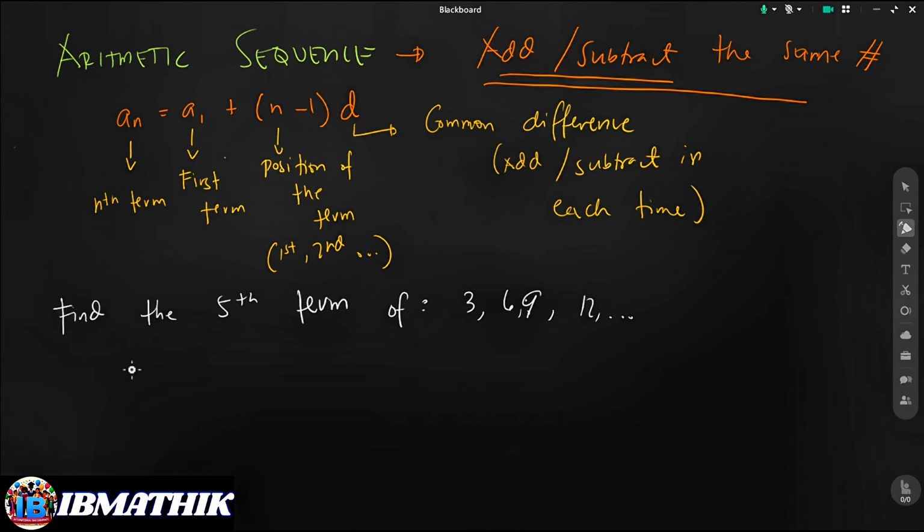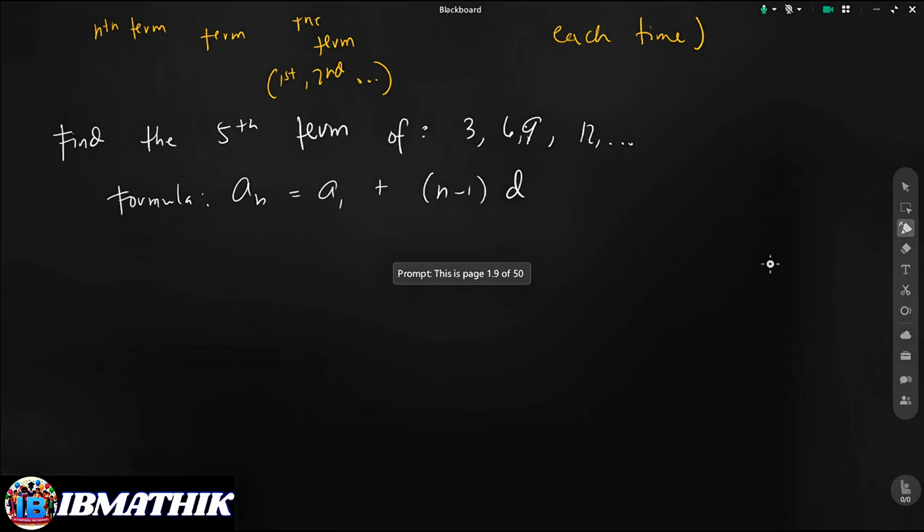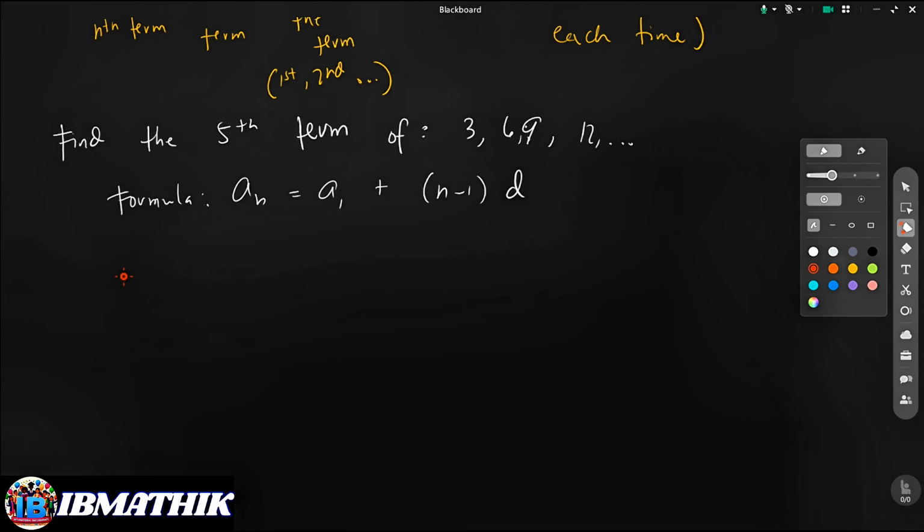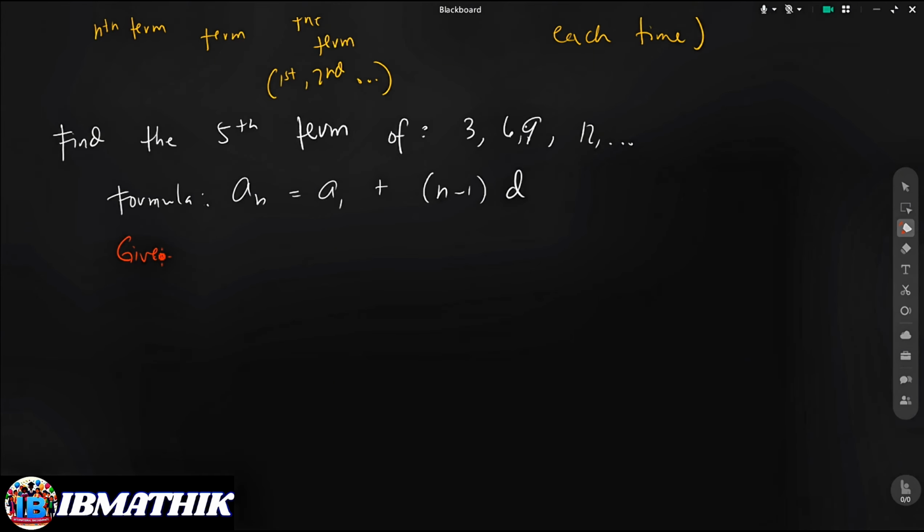Then we have 3, 6, 9, and 12. So again, the formula, we have a sub n equal to a sub 1 plus n minus 1 times d. So let's start.